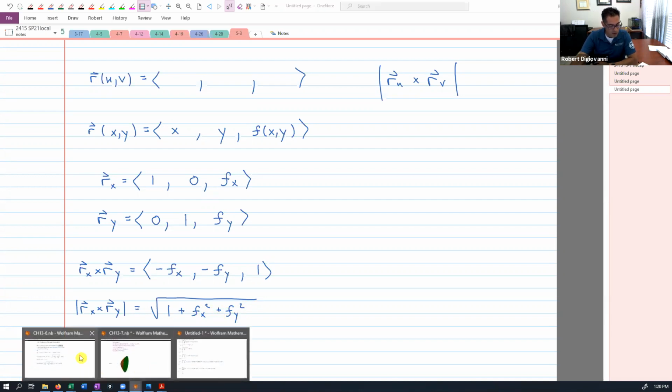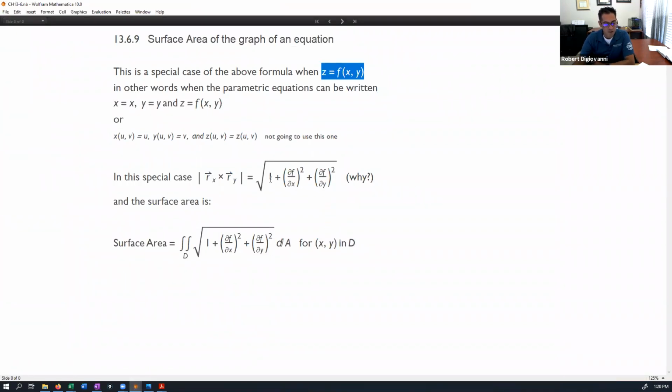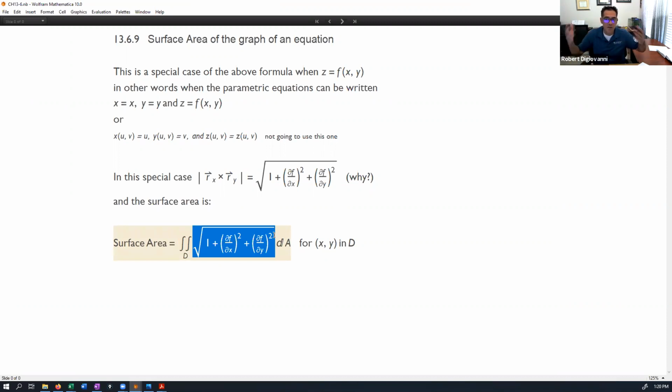Now, I used a slightly different notation here, but it's saying, look, if at the end of the day you're looking at a traditional surface where it's a function of x and y floating above the xy plane, then instead of doing all this crazy stuff, just do this, double integral over D. This is already the cross product stuff done. You don't have to go do it. It's already made for us, okay?